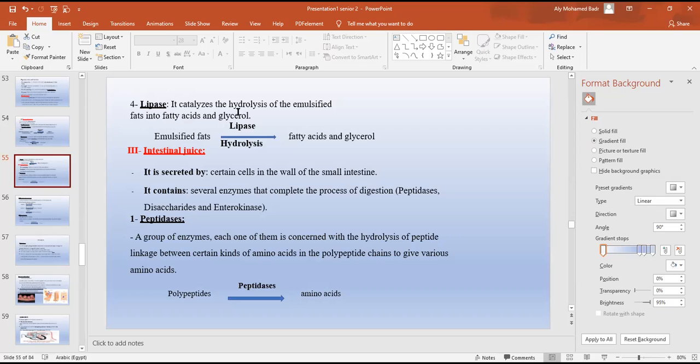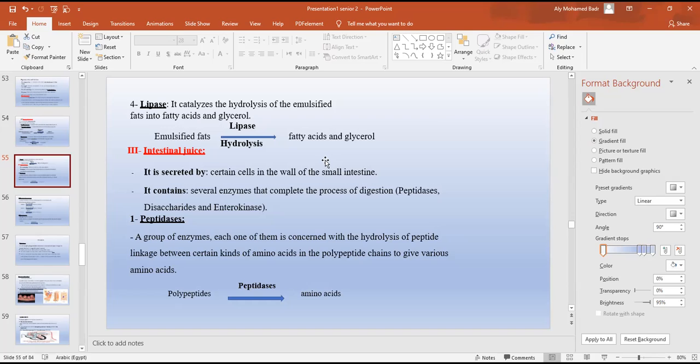Lipase catalyzes the hydrolysis of the emulsified fats into fatty acid and glycerol. Here is the first step in the complete digestion, where the emulsified fats will be converted by the help of lipase into fatty acid and glycerol. This polymer will be a monomer, fatty acid and glycerol, and here the digestion of the fats is completed by the help of lipase.